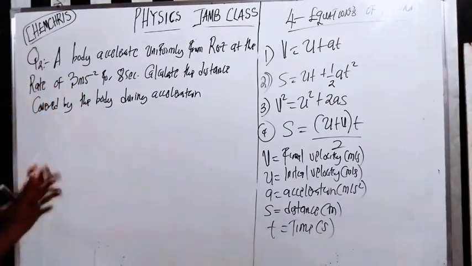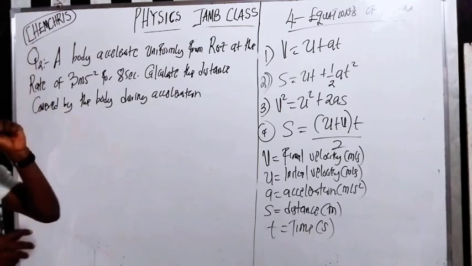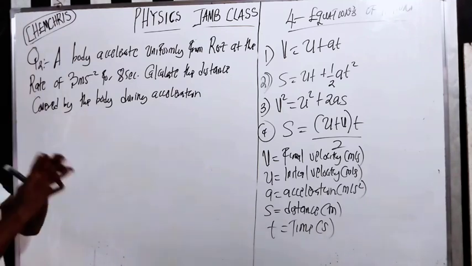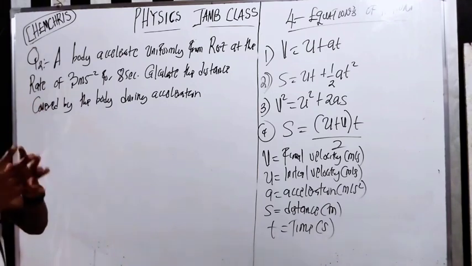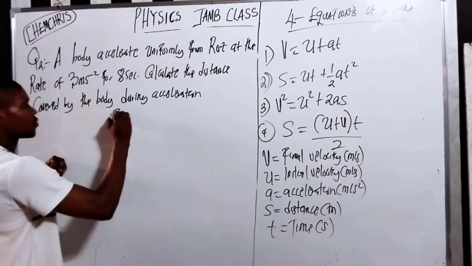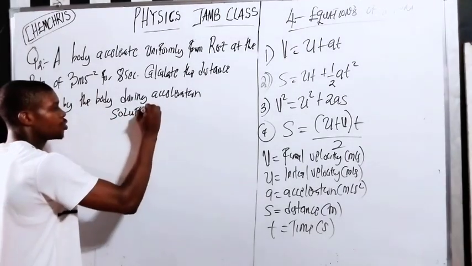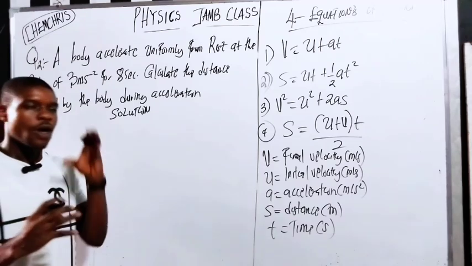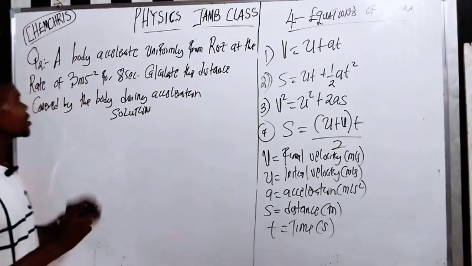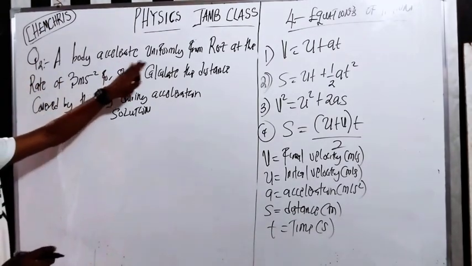Question 2. A body accelerates from rest at the rate of 3 meters per second square for 8 seconds. Calculate the distance covered by the body during the acceleration. So solution. Before we pick the formulas to use, let's write out our parameters. A body accelerates uniformly from rest.